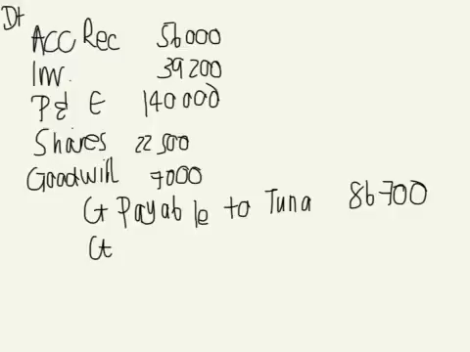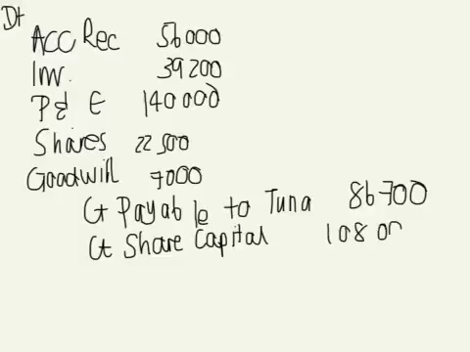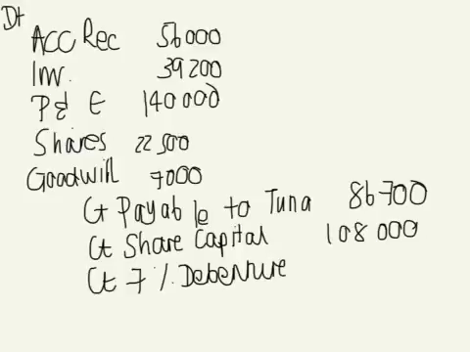Then credit for the shares that are issued to the B-class shareholders of Tuna Limited of 108, and credit the 7% debentures account for the debentures issued to the A-class shareholders, 70,000.